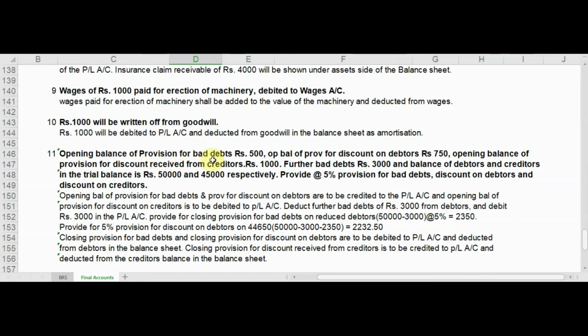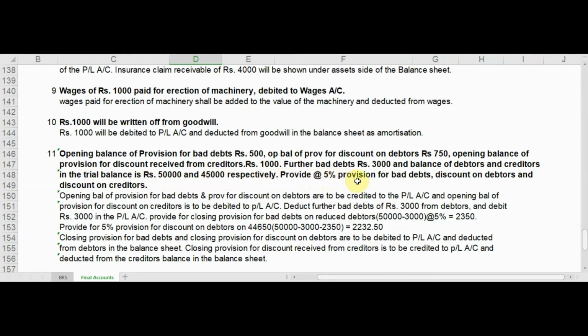Next, opening balance of provision for bad debts rupees 500. Opening balance of provision for discount on debtors rupees 750. Opening balance of provision for discount received from creditors rupees 1,000. Further bad debts rupees 3,000 and balance of debtors and creditors in the trial balance is rupees 50,000 and 45,000 respectively.